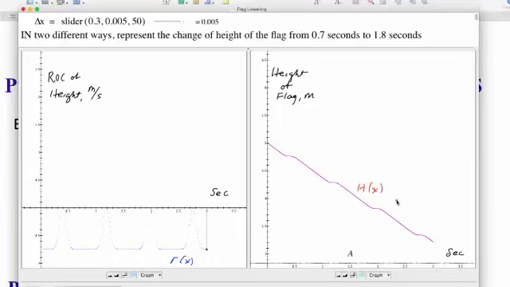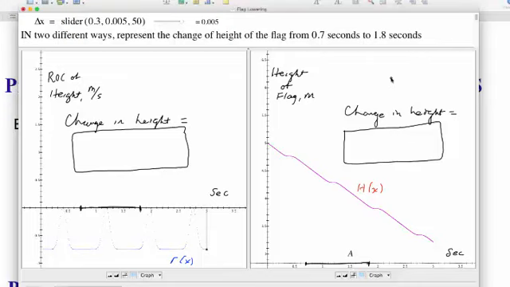Using the rate function, how would you express that change in height? Calculating, expressing. What symbols would you write in the box so that what you wrote represented the change in height?